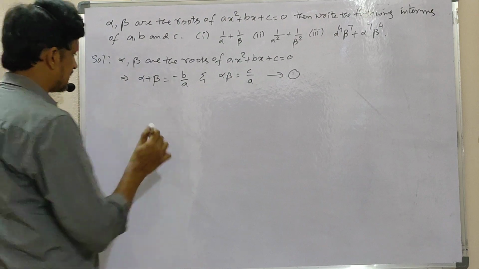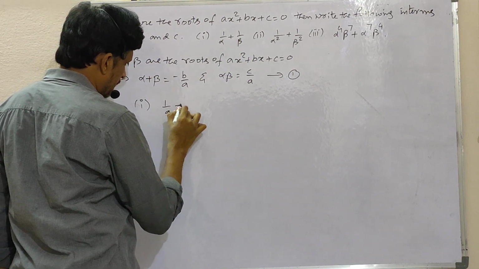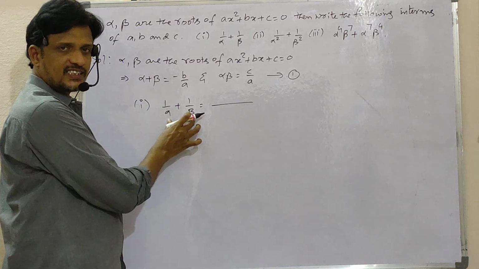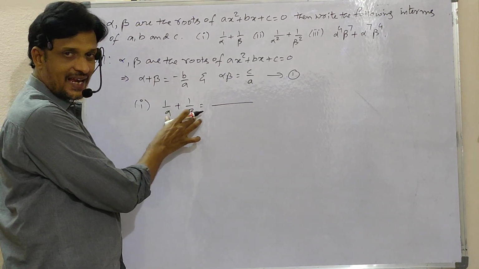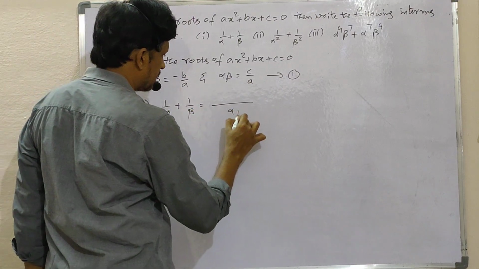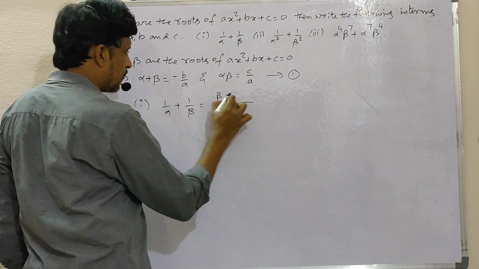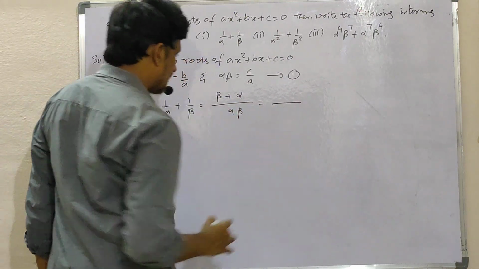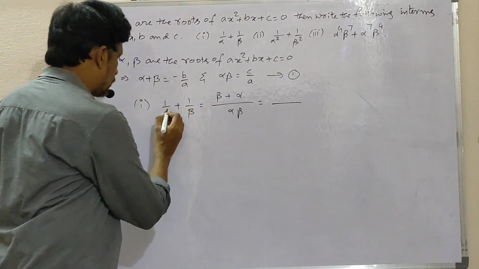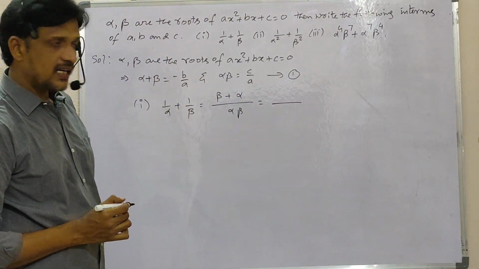Here the first one is 1 by alpha plus 1 by beta. This is the sum of the two fractions. So to find the sum, we should take the LCM of the two denominators, that is the product of these two, alpha beta. Here beta into 1 will be beta, plus alpha into 1 will be alpha. That means the given 1 by alpha plus 1 by beta is equal to alpha plus beta by alpha beta.